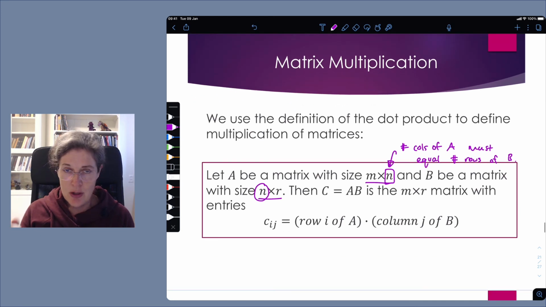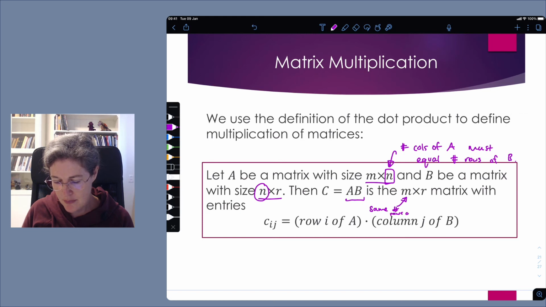Supposing you have an A and a B with the appropriate dimensions, then our matrix C, which is A multiplied by B, has the same number of rows as A and the same number of columns as B. How do we find its entries?